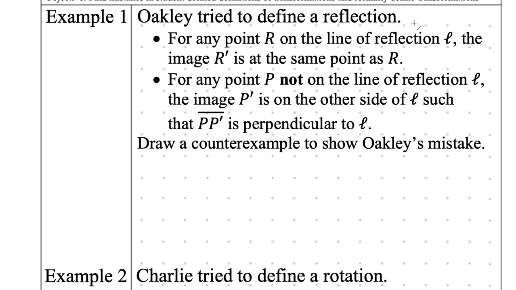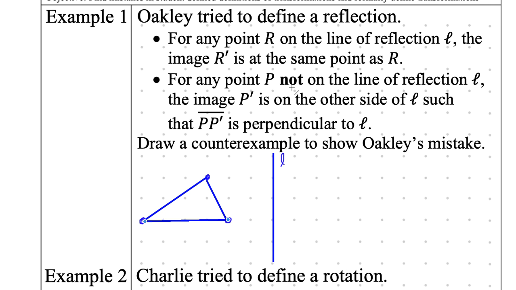So here, I can draw the line of reflection for you. Let's go ahead and say that that is our L. So if I have, I don't know, do you want to point a shape? What are you trying to do? Okay, let's do a triangle. So if I have that triangle, boom, boom, and I try to reflect it over this line L, it says that it's not on the line of reflection, right?